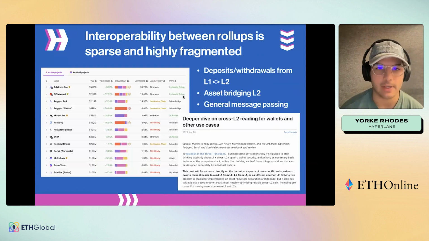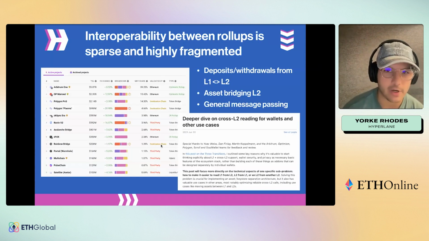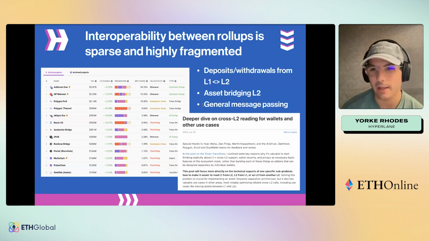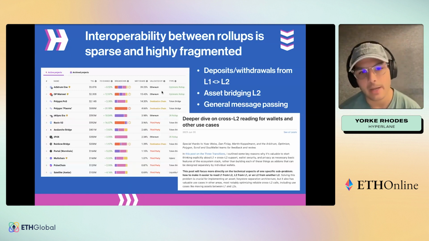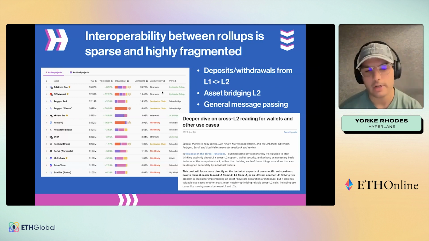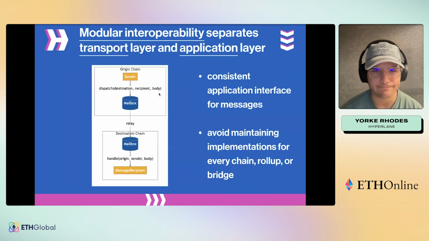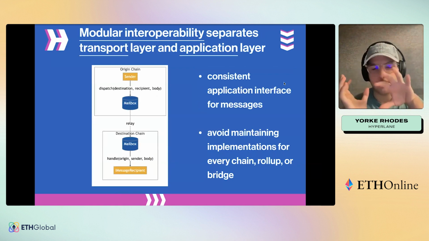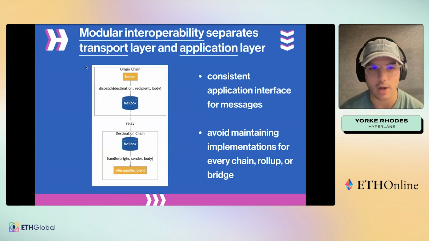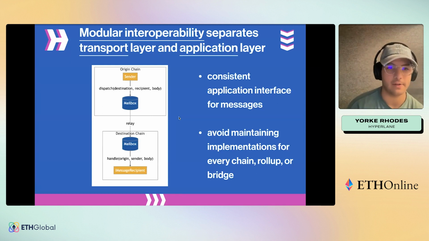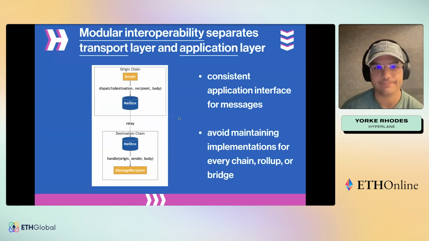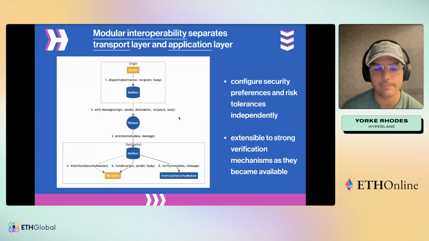Because as we can see, some of these rollups are optimistic, some of them are ZK, and they might have different mechanisms by which they verify information coming from an L1 or an L2 or another chain. We want to abstract that away from the application interface, such that there's just a single integration that you do, and then you can use this API across basically all of the chains and all the rollups.